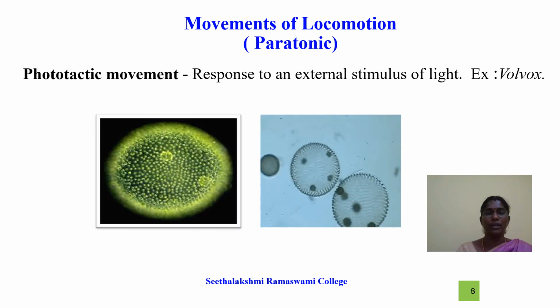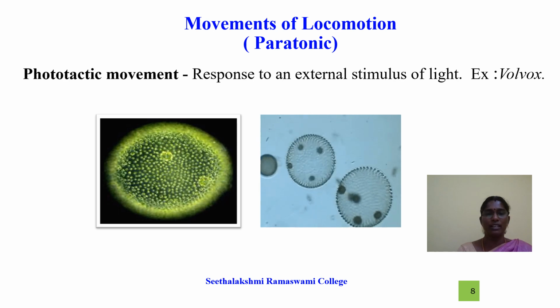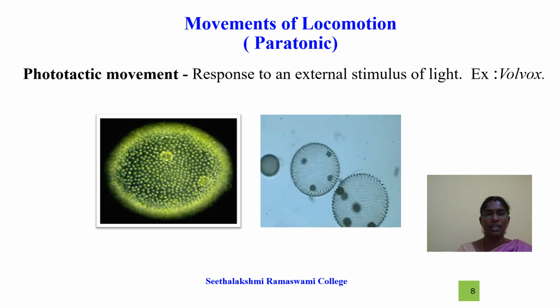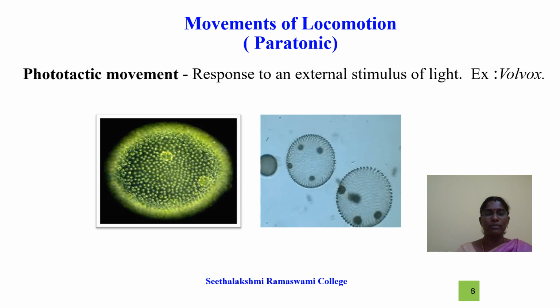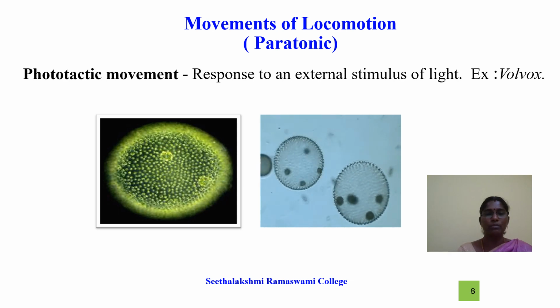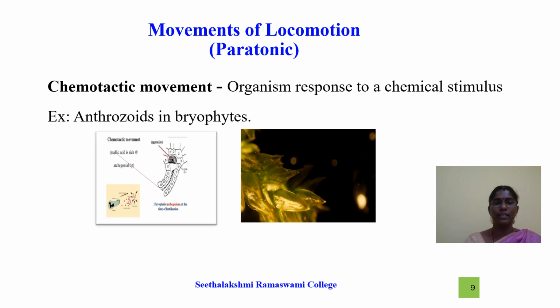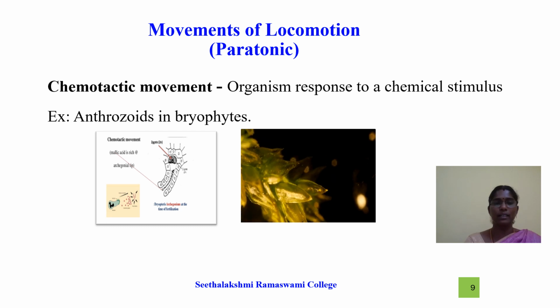This is the paratonic or tactic movement of locomotion that occurs in Volvox in response to the external stimulus of light. In weak light, there is no response, but in strong illumination, Volvox becomes very active and moves towards the light source. This type of movement is called phototactic movement. Next one is the chemotactic movement. The organism responds to a chemical stimulus.